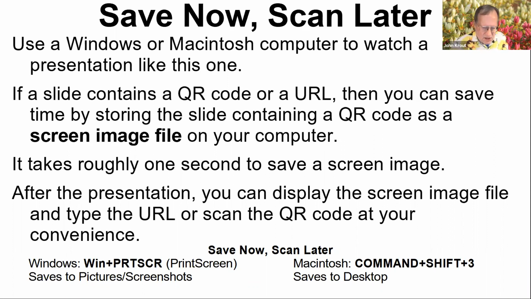And on the Macintosh side, you hold down 2 keys, Shift key and Command, and tap the number 3, and that will save it directly to the desktop folder. And so after the presentation is done, you can retrieve the image files and scan the QR codes, retype the URLs, do whatever you need to do with those files that you have saved using this method.